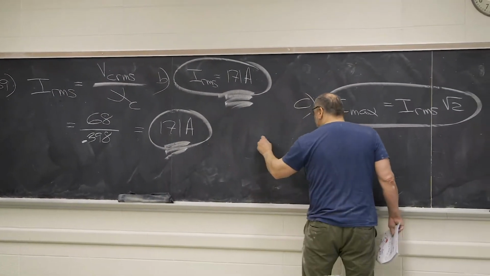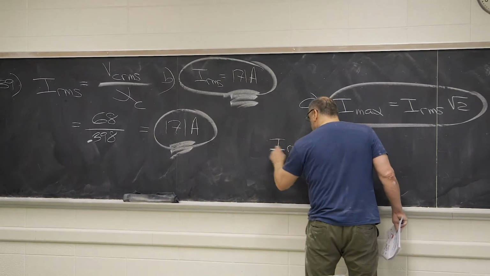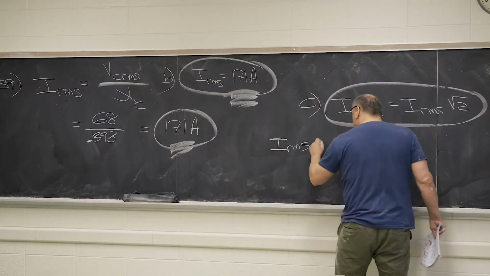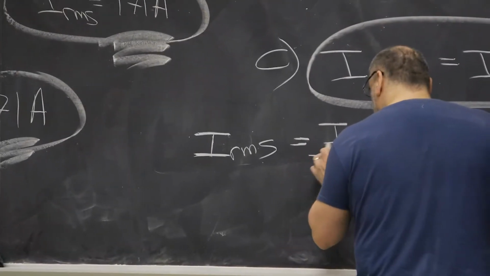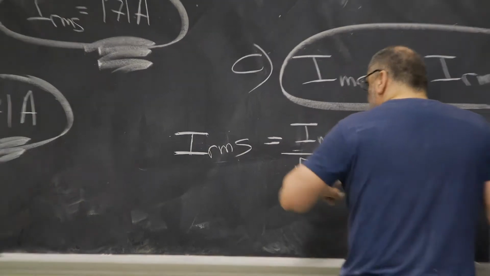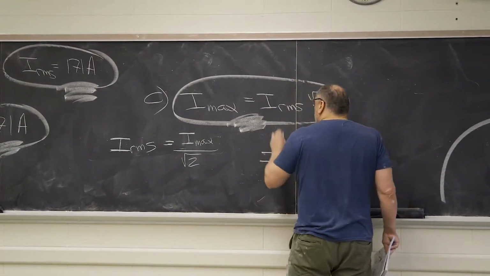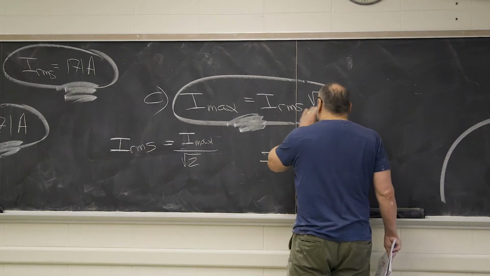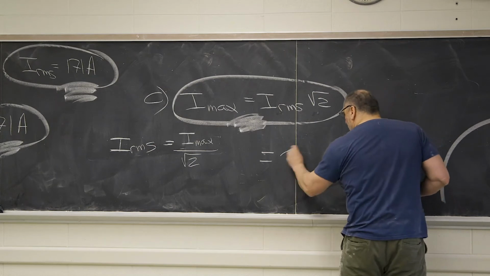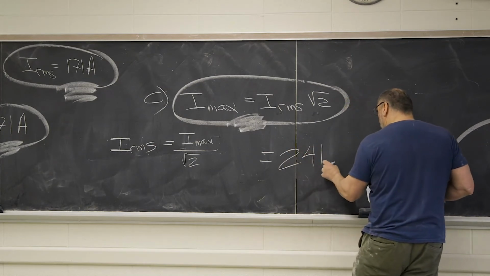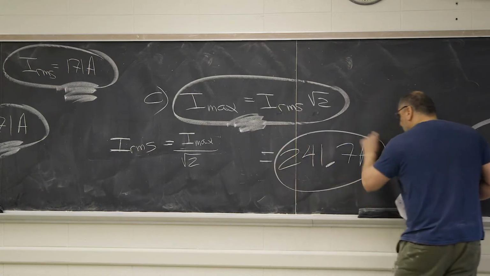If you multiply by the square root of 2 on each side, you get to here. If you take 171 and multiply it by the square root of 2, you get somewhere in the ballpark of 241.7 amps.